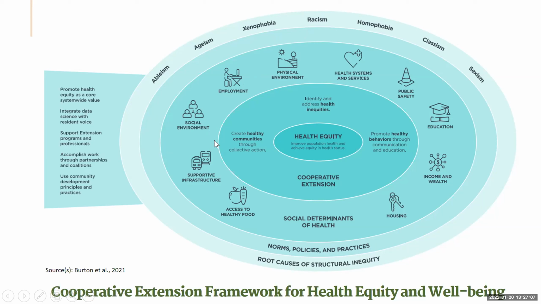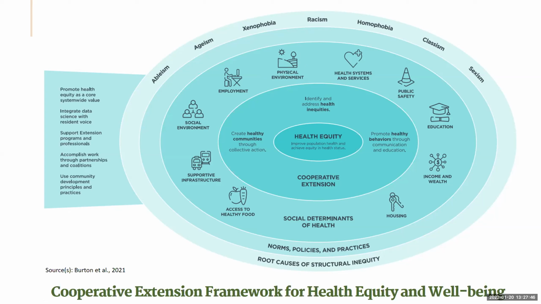social determinants of health. What we tried to do here was include additional social determinants that we felt Cooperative Extension is positioned to address throughout the country within our individual communities. Those include housing, income and wealth, education, public safety, health systems and services, physical environment, employment, the social environment, supportive infrastructure, and access to healthy foods.